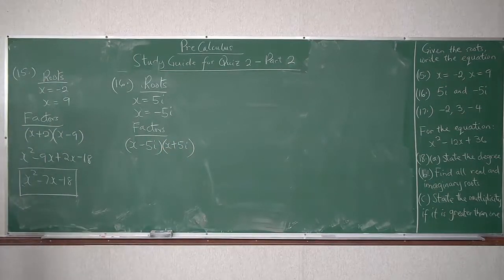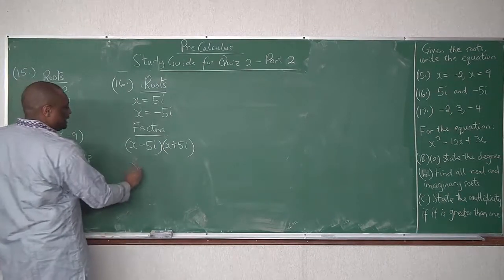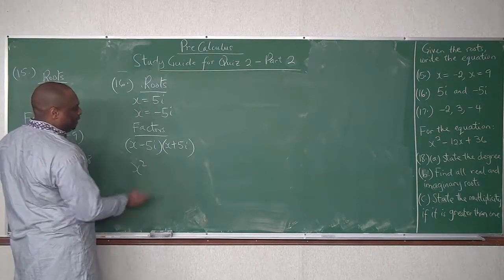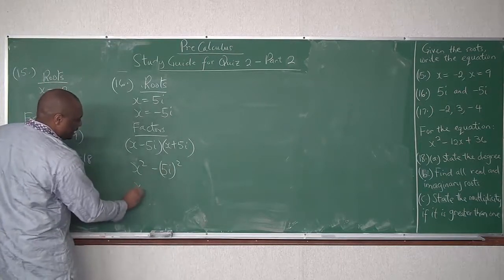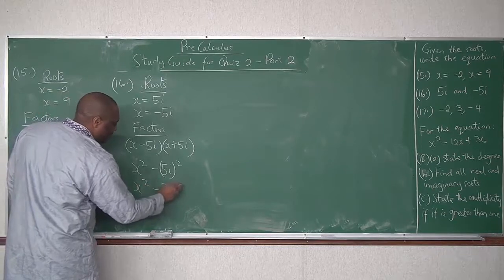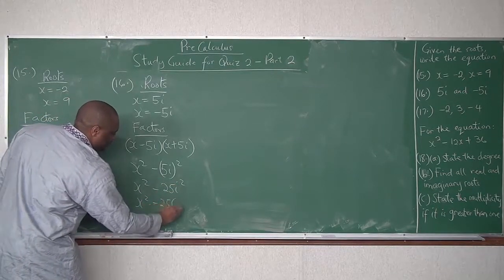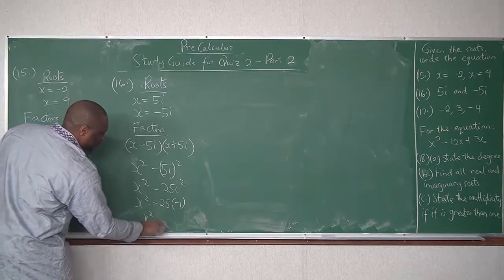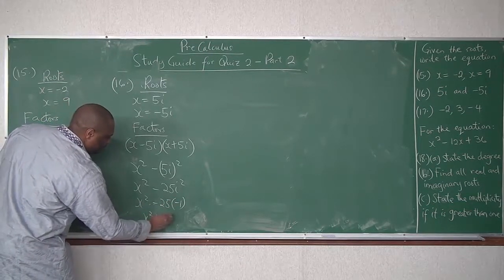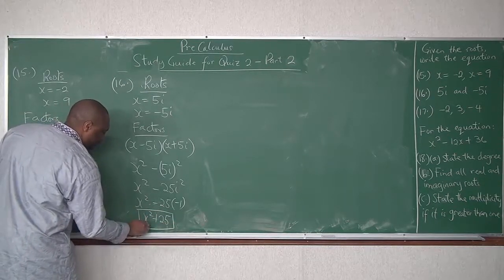Those are the factors, and just multiply the factors. This is x squared, difference of two squares, minus 5i all squared. So this is x squared minus 25i squared, which is x squared minus 25 times negative 1, which is x squared plus 25.